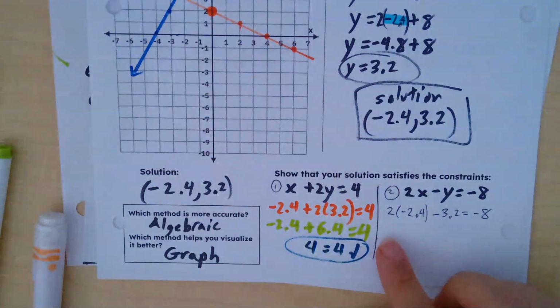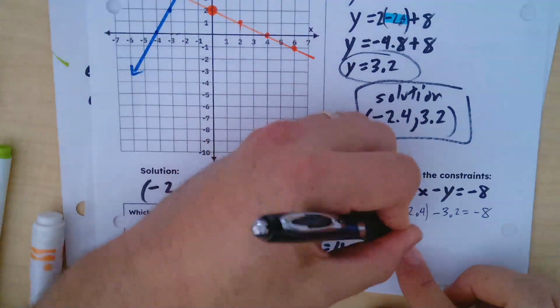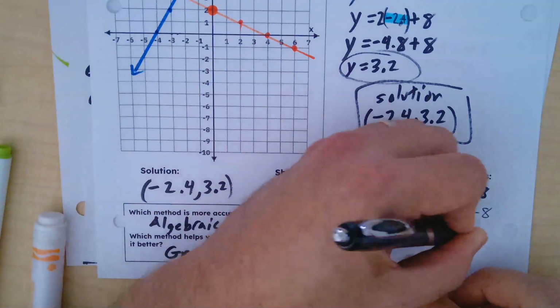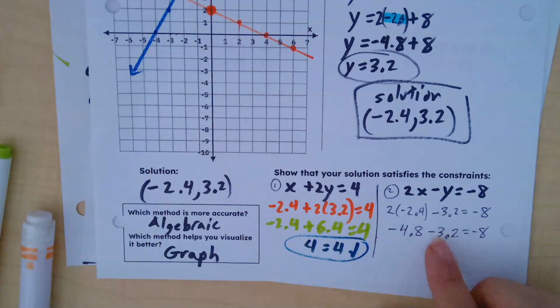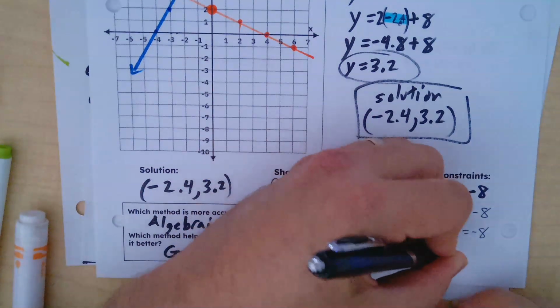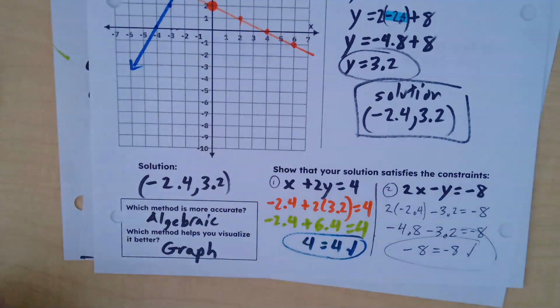And let's see, so two times -2.4 is -4.8 and -3.2. And then voila, if you add those two values together, you would end up with -8 equals -8. Ta-da. Hit pause, go back if you need to see this some more.